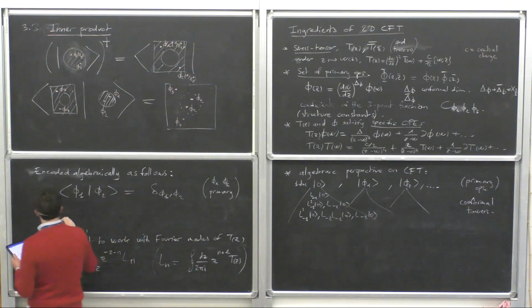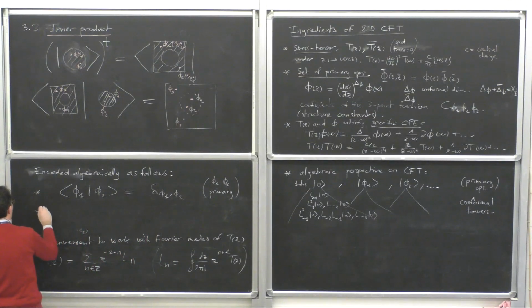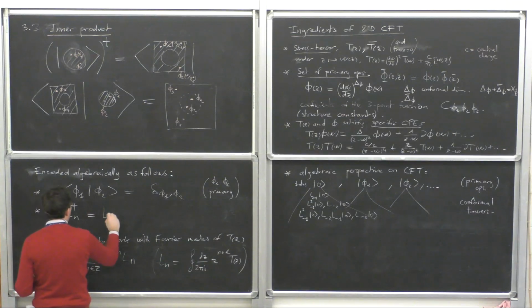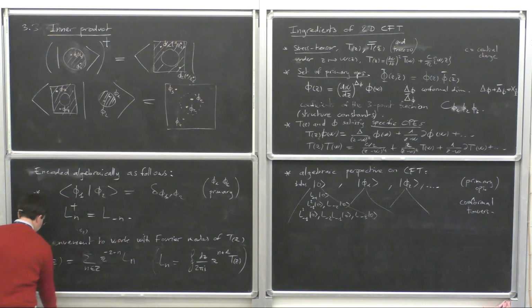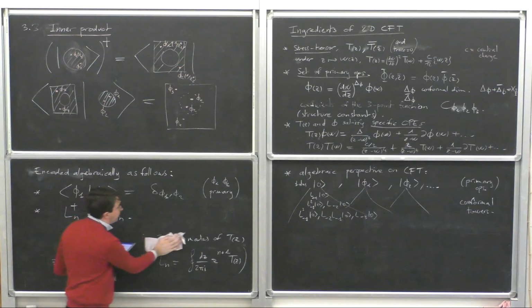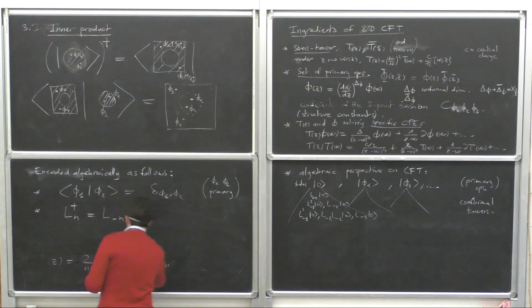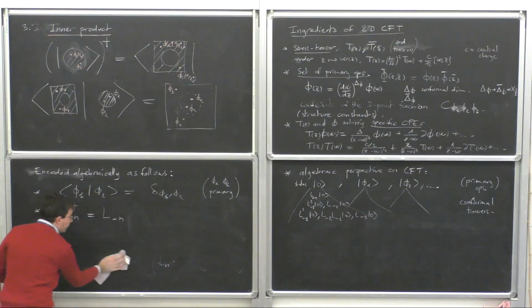And second, Ln dagger is L minus n. So this I will not show, but it follows from the picture.